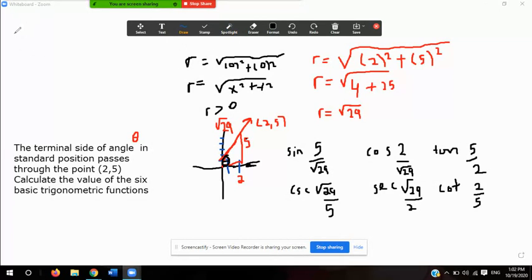Sine is 5 over the square root of 29. And remember that whenever you're rationalizing a denominator, all you're going to do is multiply both numerator and denominator by that. So this would be times the square root of 29.